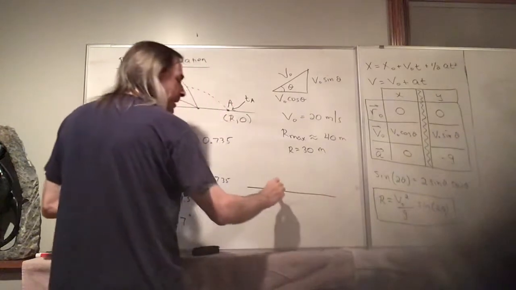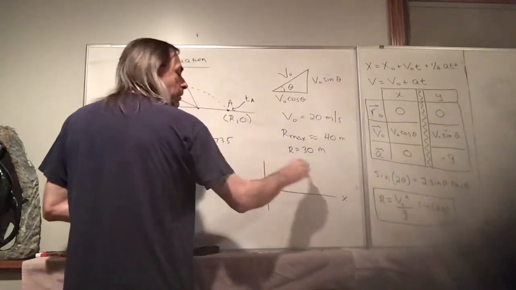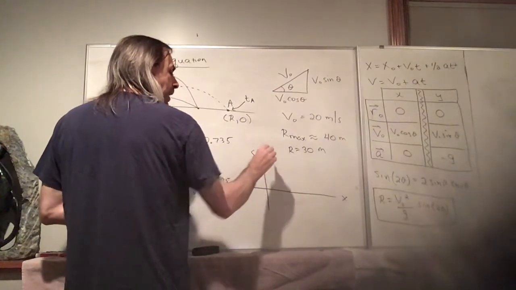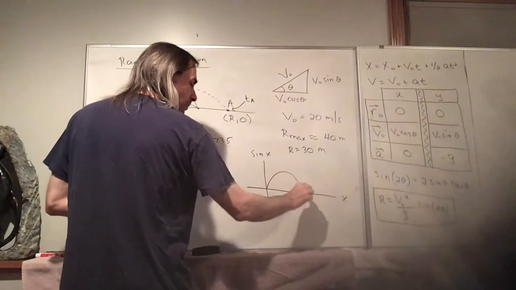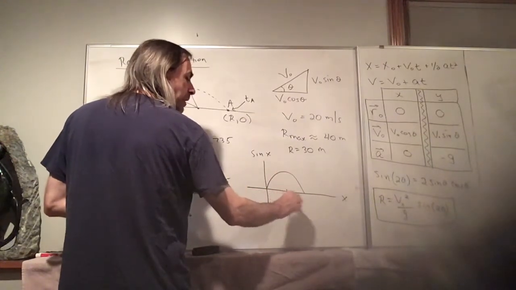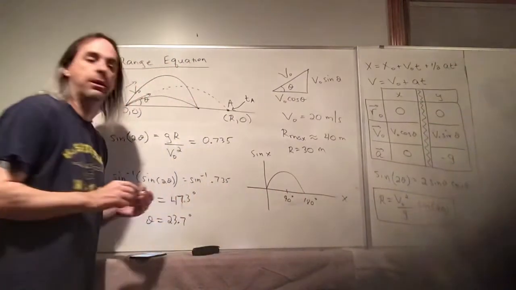Let's look at an xy plane, or here x and sine of x. So this is 90 degrees, and this is 180 degrees.